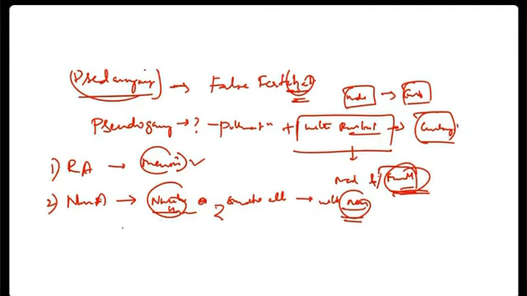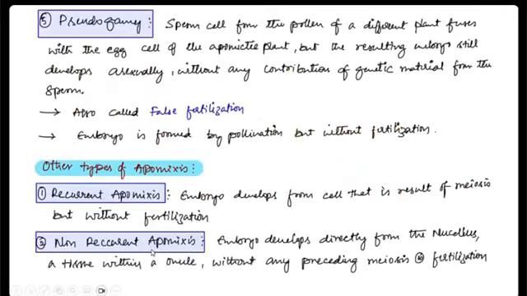You can also say this in terms of haploid and diploid, or in terms of meiosis, where in one case the meiosis event occurs and in the other case it does not. Okay, fine. So this is about pseudogamy and two different types of apomixis.